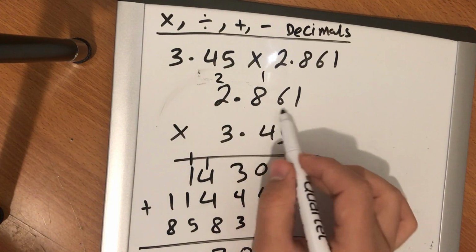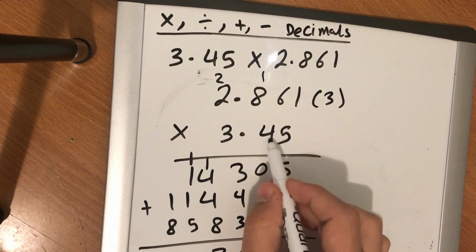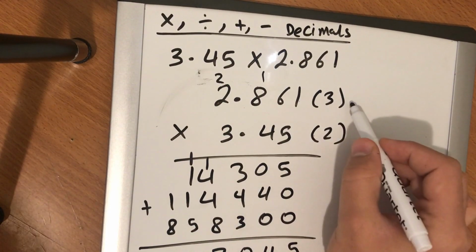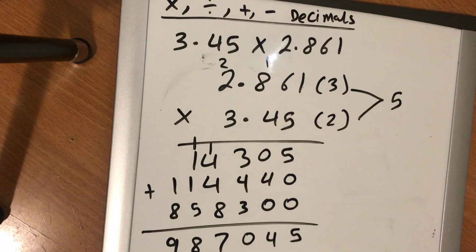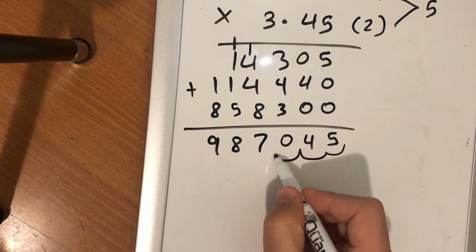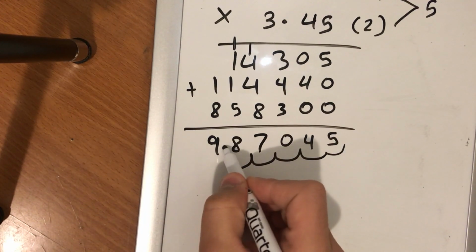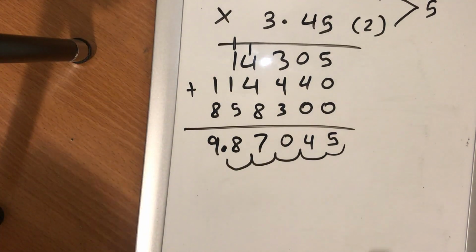This number has 1, 2, 3. That number has 1, 2. That is 5 numbers. So I'm going to move 5 places from the right. 1, 2, 3, 4, 5. Decimal goes here. So 9.87045 or 9.87045, that is my answer.